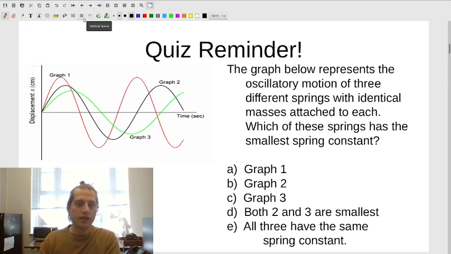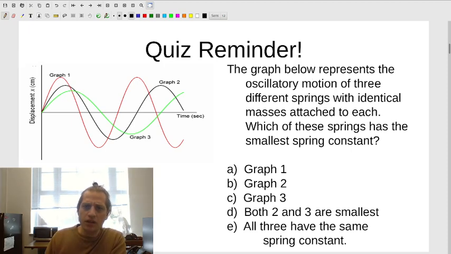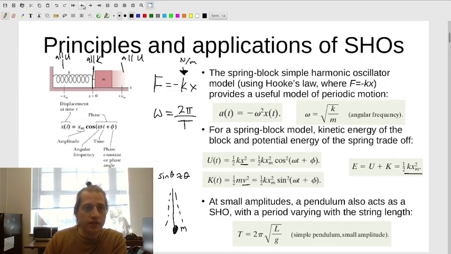Okay, so here's a nice little quiz reminder. It says the graph below represents the oscillatory motion of 3 different springs with identical masses attached to each. Which of these springs has the smallest spring constant? Well, let's see. Is there any equation here that might help me? Well, we have that omega equals square root of k over m.